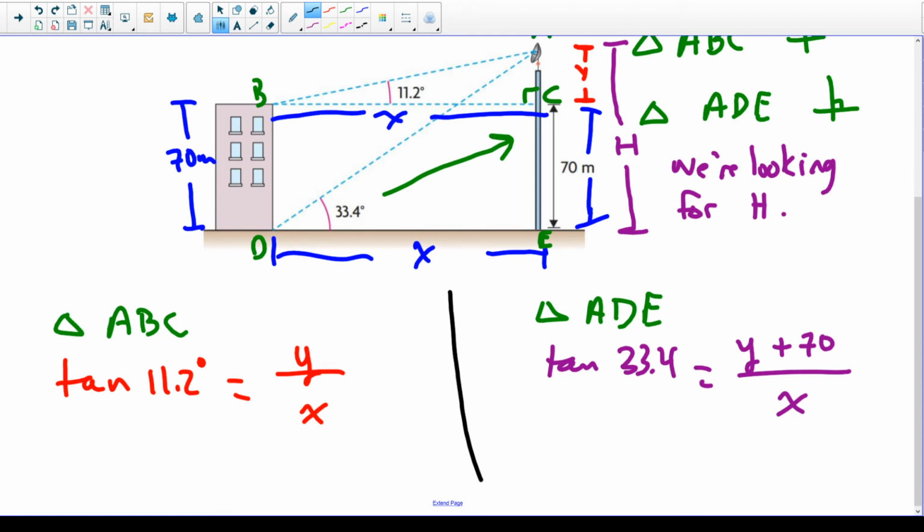Why? I wonder if anybody knows, why do we have to use two separate equations? They're separate for now, they won't be separate for long, but why do we need two equations?